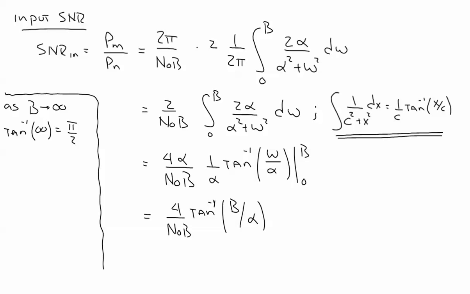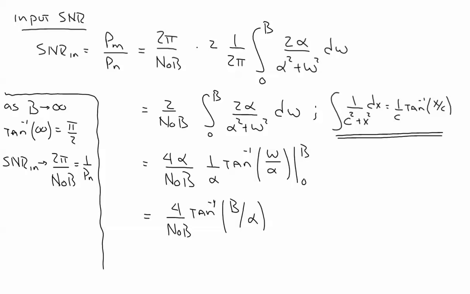Okay? The arctangent function becomes pi over 2, and my signal-to-noise ratio becomes 2 pi over N naught B, which is just 1 over P sub N.